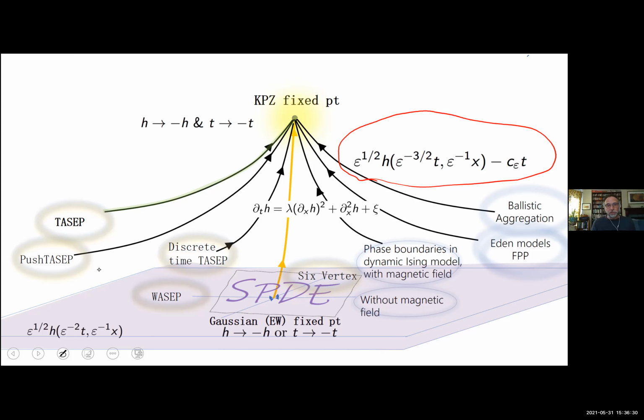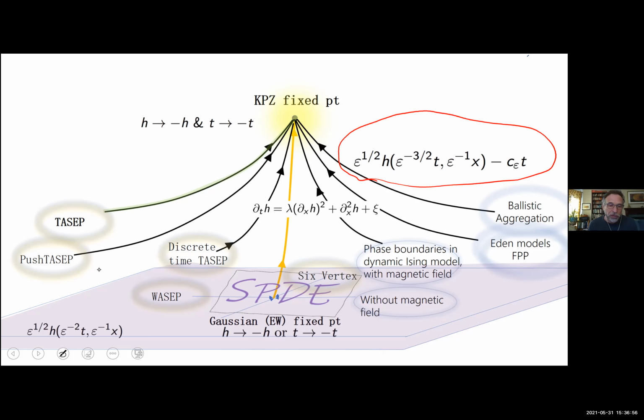And under that 1, 2, 3 scaling, it's believed, or you could think about it as a definition, that all the models in this universality class converge to a universal fixed point, this KPZ fixed point, which is itself a Markov process, whose transition probabilities I'm going to describe in a minute.